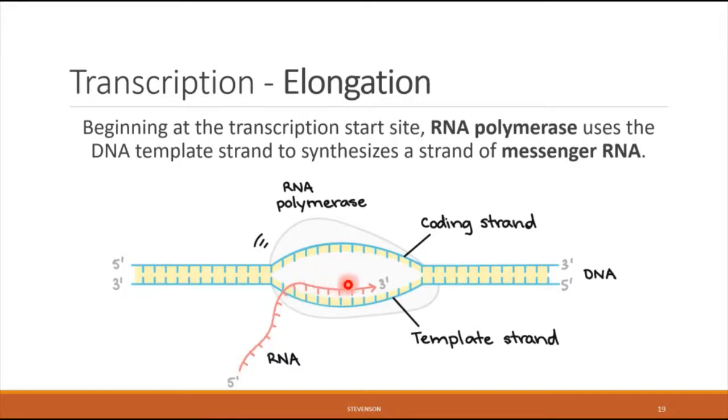We don't want to make multiple strands of RNA. We only want to make a single strand, and so the RNA polymerase only copies what is called the template strand. The RNA strand that is synthesized from this process is called the messenger RNA, which is also abbreviated to mRNA. And it's called the messenger RNA because it is carrying a message, the copy of a message that is encoded in the DNA molecule.